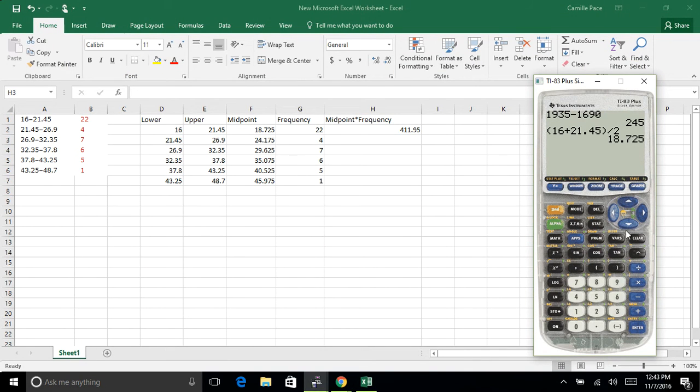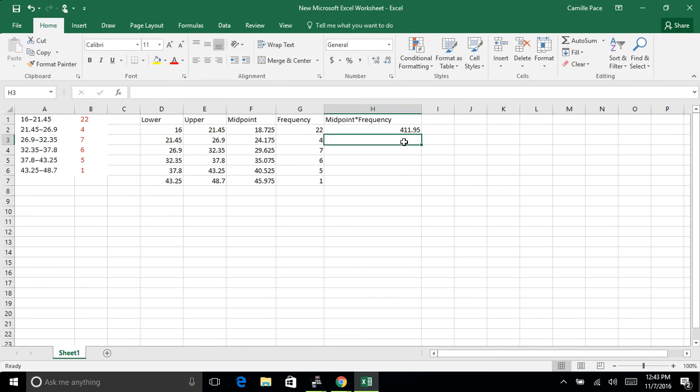I'll do 18.725 times 22, and that gives me 411.95, which is what I got right here. So you could do those by hand. I'm just multiplying midpoint times frequency. I'll do one more for you: equals this one times this gives me that.